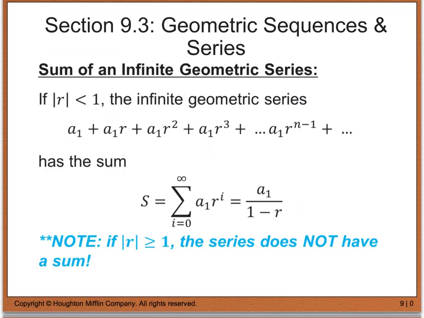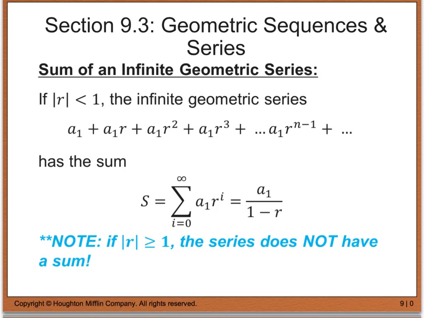The next thing we're going to look at is the sum of an infinite geometric series. This only works if you take your r value, and we only want to look at the value itself. I don't care if it's positive or negative, but if the absolute value of that r value is less than 1, then the infinite geometric series given right here has a sum.